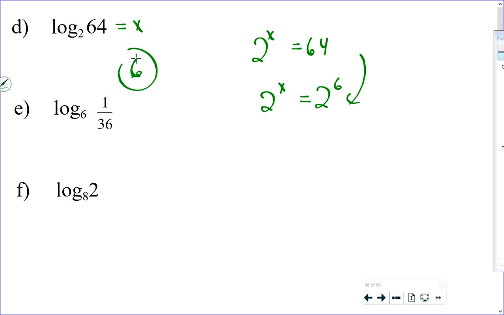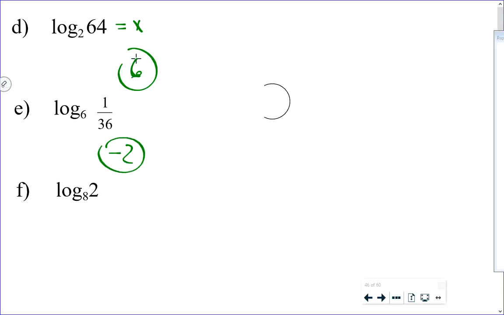All right. I am curious to know how many of you know what log base 6 of 1 over 36 is. Do you, Ashira? So it would be 6 raised to something, and that something would be -2. It's -2. So this is -2. And this is certainly one that I think many people will benefit by writing.